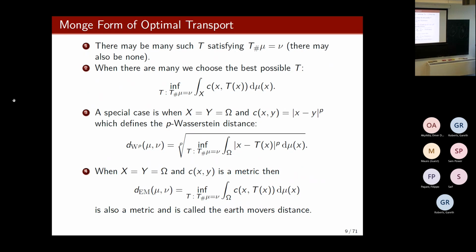The other special case of interest is when c of x y is just a metric. In that case, we call this the earth mover's distance. So of course, when p equals 1, the 1-Wasserstein distance is an earth mover's distance as well. Okay, so this is the Monge form of optimal transport.